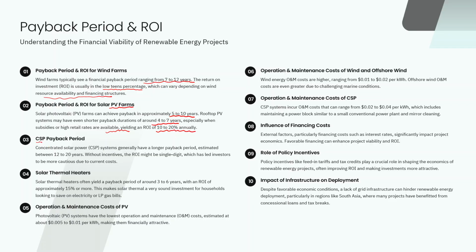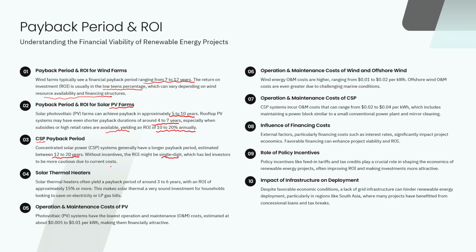And if you look at the concentrated solar power plant, you can see the payback period is between 12 to 20 years, right? Because it has a high capital cost, without any incentives the return on investment might be single digit, right?